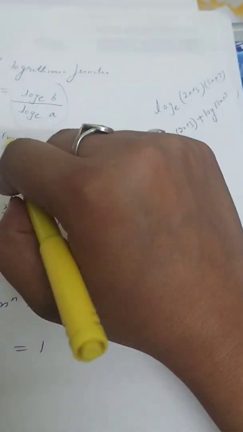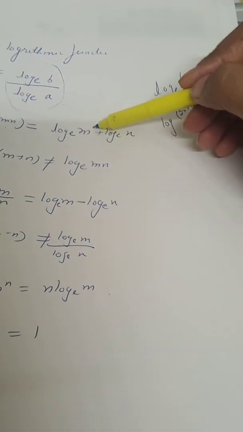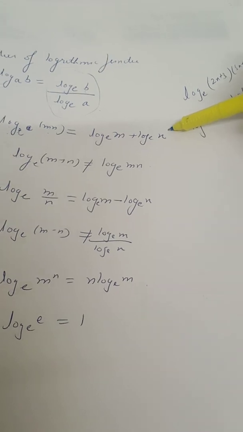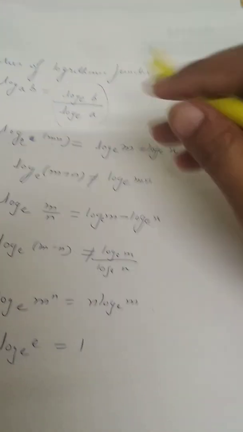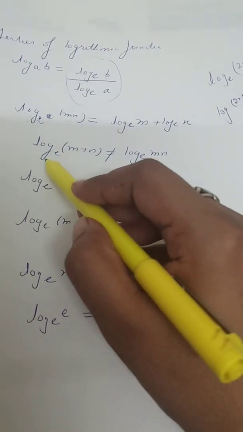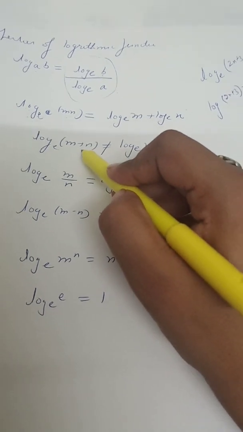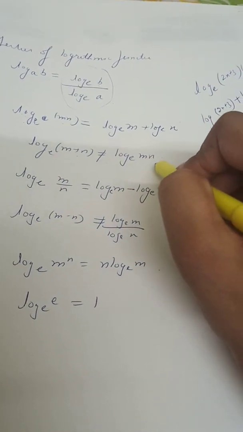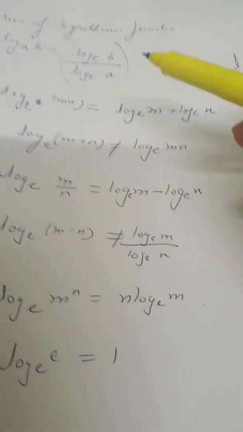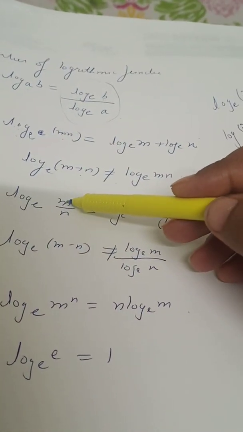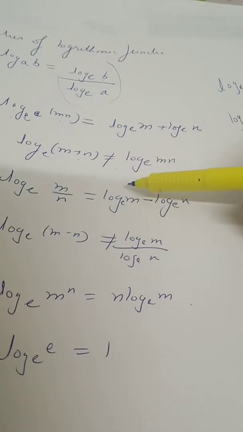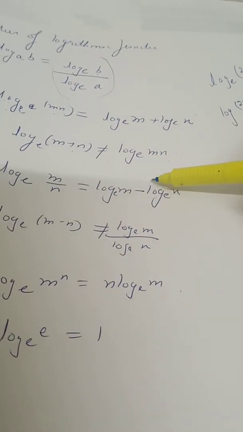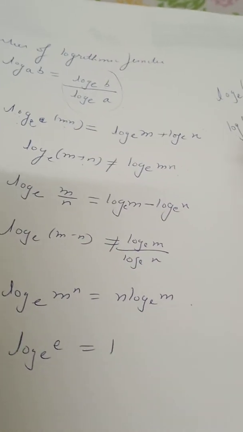That is, log mn can be written as log m plus log n. But if log (m plus n) is given, we can't write it as log mn. Similarly, if log m by n is given, then we can write it as log m minus log n.